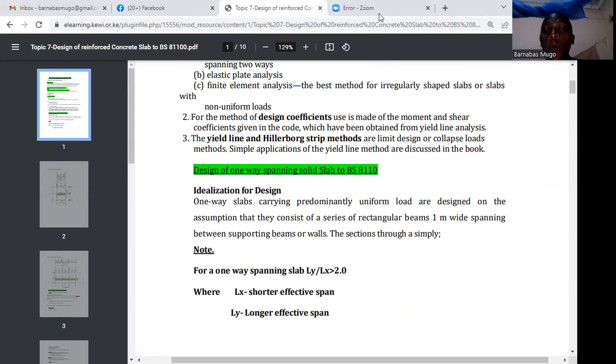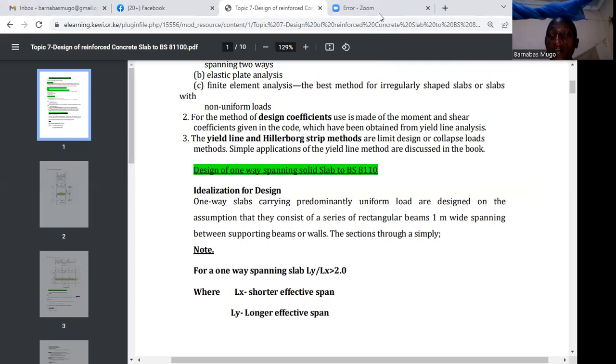That means that when we are designing a one-way slab, we are going to visualize that slab as a series of beams that are joined together, and each beam has a breadth, or a width, of 1 meter.